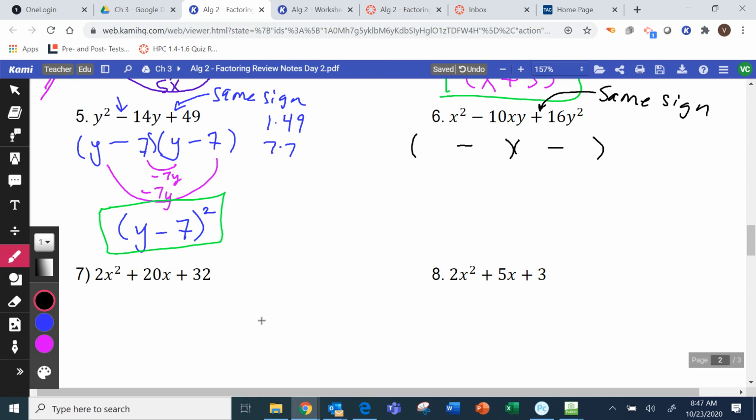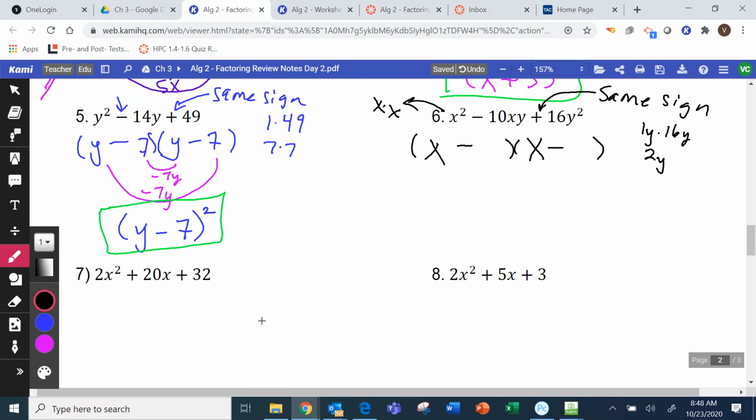So then what do I multiply together to give me x squared? Well, x and x. That's my only option. But then my last term is a little bit trickier because we have a 16 and we have a y squared. So to get a y squared, it has to be y and y. But to get 16, it could be 1y and 16y.